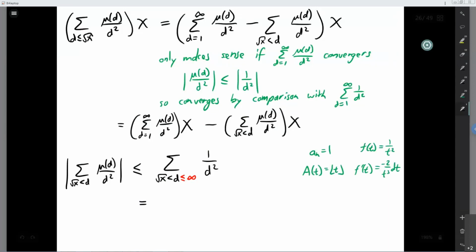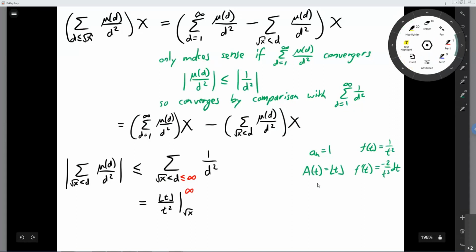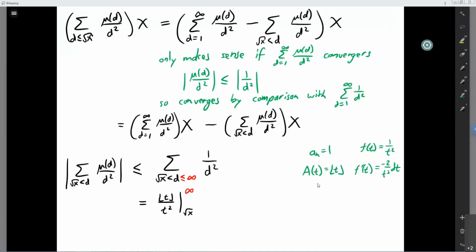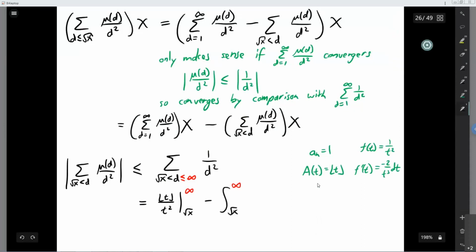So in Abel summation, we get f times capital A. That's floor of t divided by t squared, running from square root of x to infinity, where that really means there's a limit right there. Then minus the integral from square root of x to infinity of the floor function of t times negative 2 over t cubed dt.